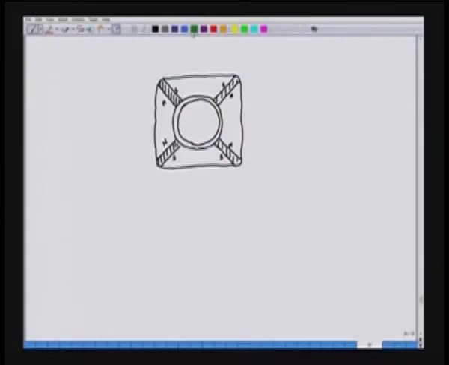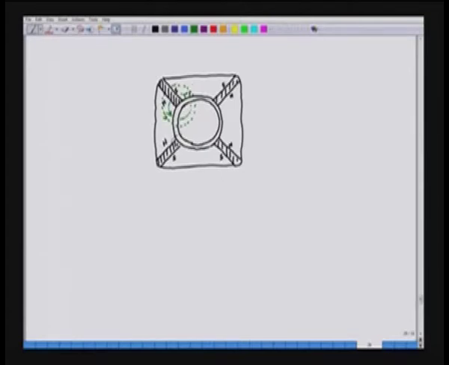We can see the flux lines. The flux lines will be like this, that here is a magnet. So, we have the north pole, and flux lines will be coming out of the north pole and entering the south pole like this. Then we can have another flux line coming out of this magnet, and entering here.